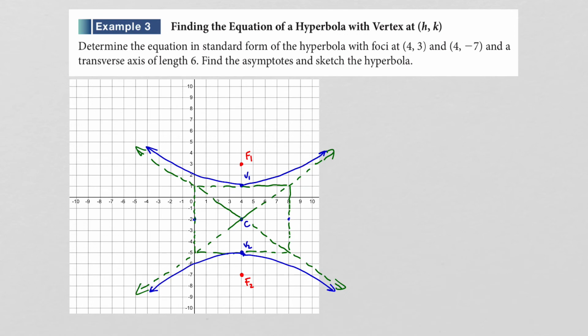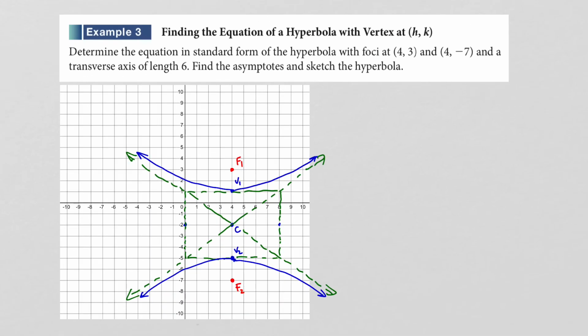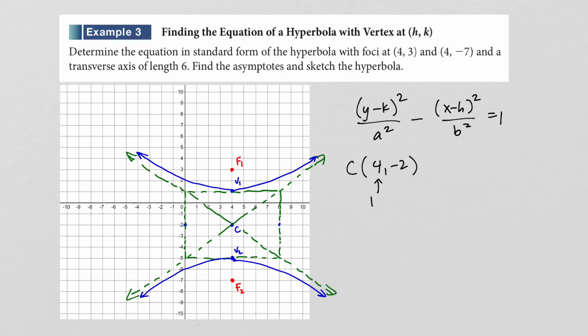Now, this is a vertical hyperbola, right, opening up and down. So we know it's going to be (y minus k) squared over a squared minus (x minus h) squared over b squared is equal to 1. We know the coordinates of the center, again, are 4, -2. So this is the value of h, and this is the value of k. We already determined that a was 3 and b was 4.